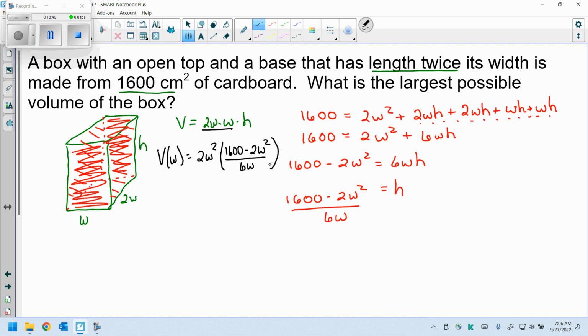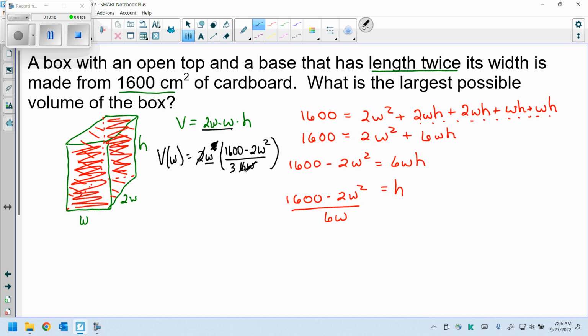Now, before I take the derivative, let's see what we can do to simplify. I think this 2 and this 6 would give us a 3 on the bottom. I think that when we have a W squared on top and a W on the bottom, one of those W's cancels out, factors out.